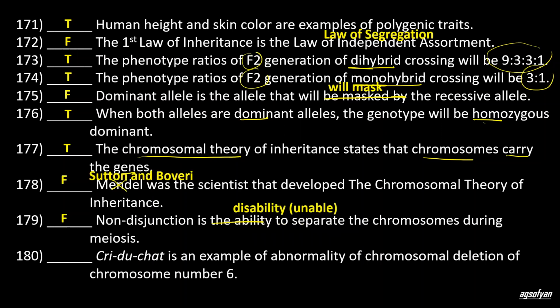This is non-disjunction. Cri du chat is an example of abnormality of chromosomes, deletion of chromosome number 6, true or false. This is not number 6. This should be chromosome number 5.